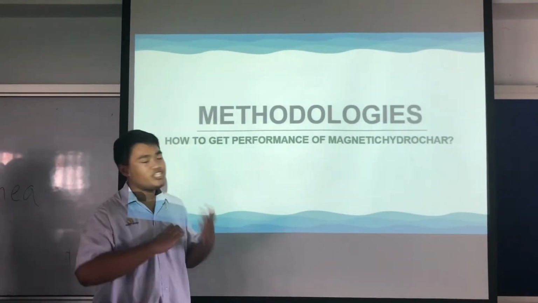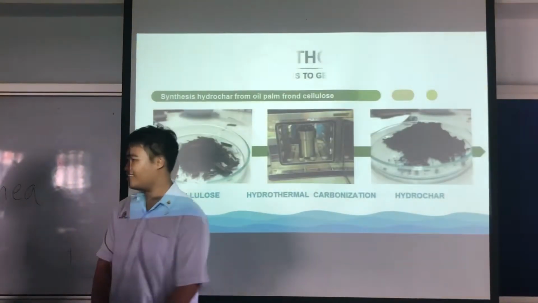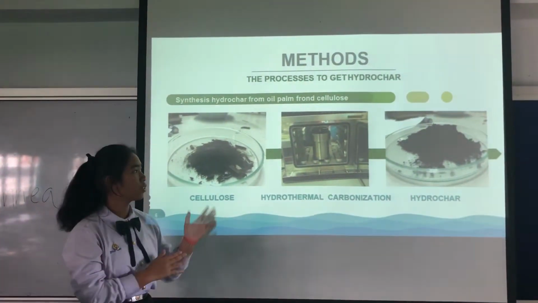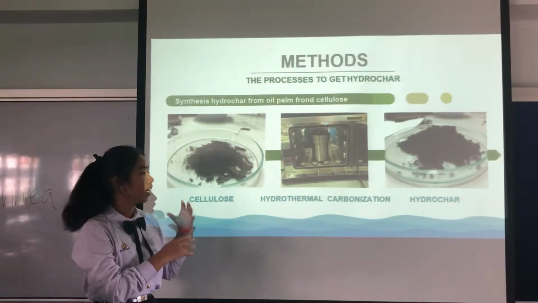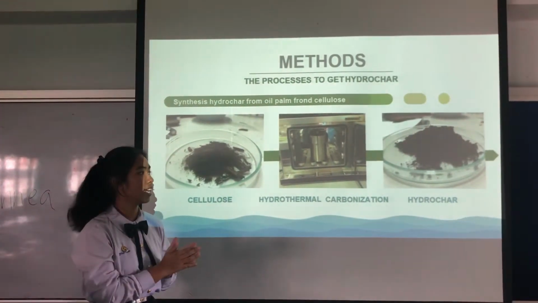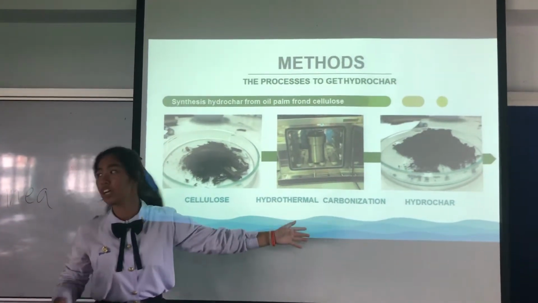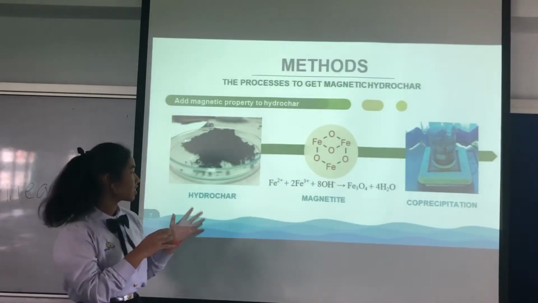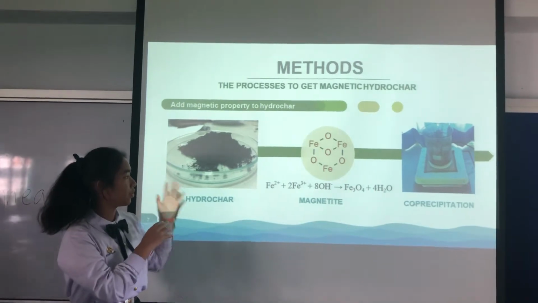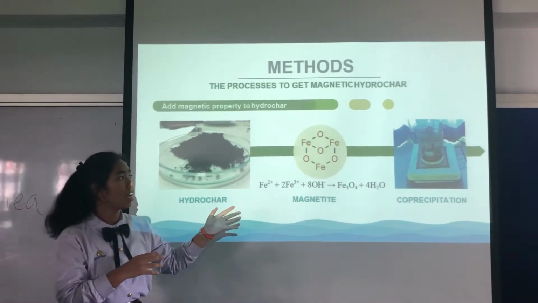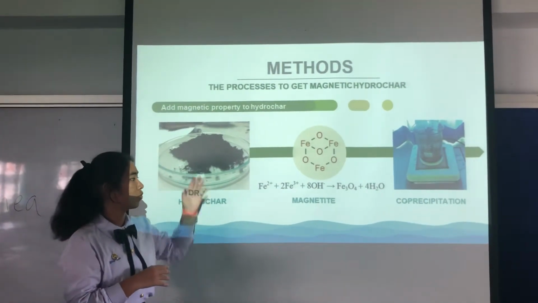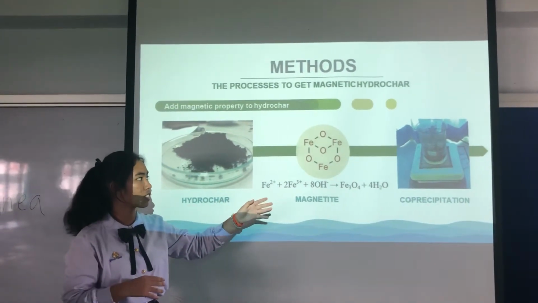And this is the methodology of this project. We put the cellulose of oil palm frond into a table-like autoclave for the hydrothermal carbonization process, and then we got the hydrochar. Next, we treat the hydrochar with magnetite in a co-precipitation process with ferric chloride and iron oxide.